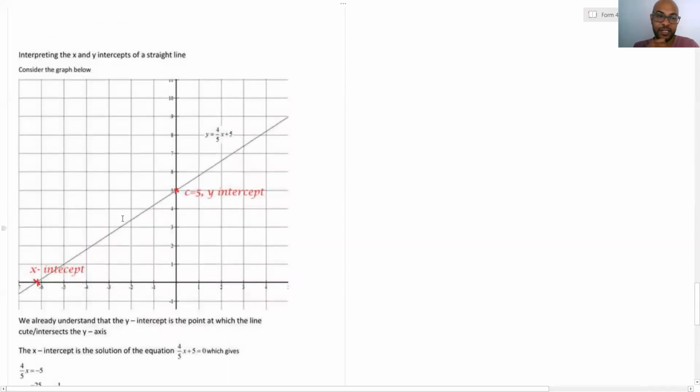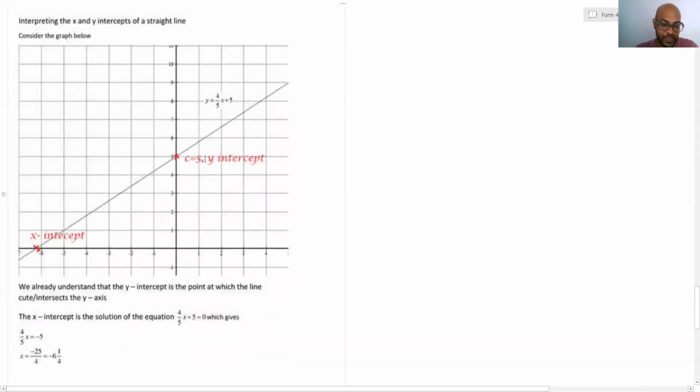And this is the x and y intercepts of a straight line. Big words: x-intercept and y-intercept. What do they mean? We could start with the y-intercept or the x-intercept.